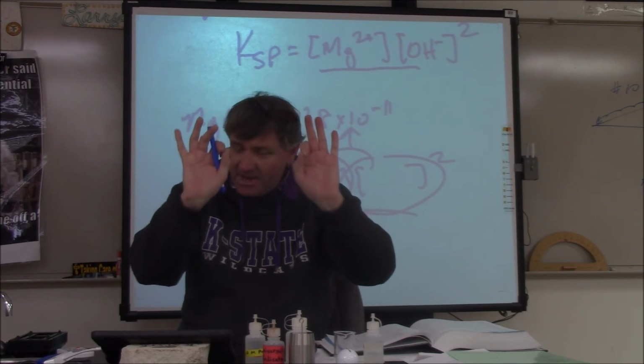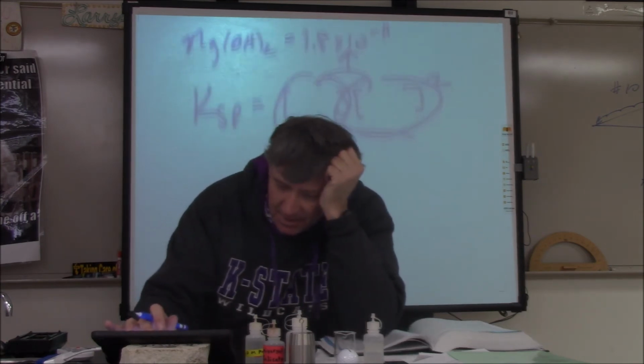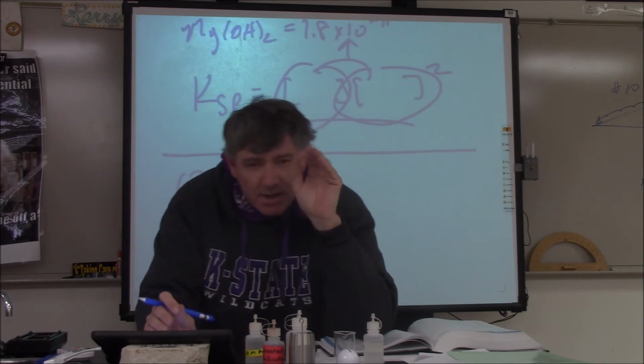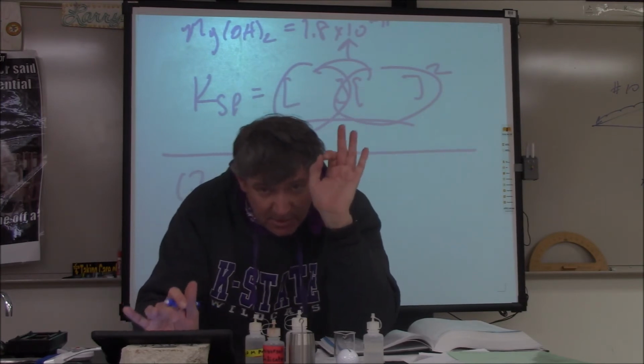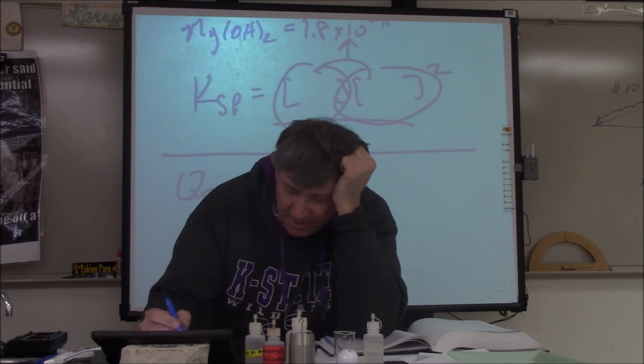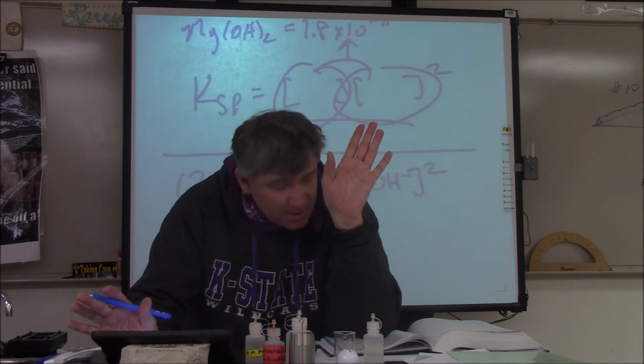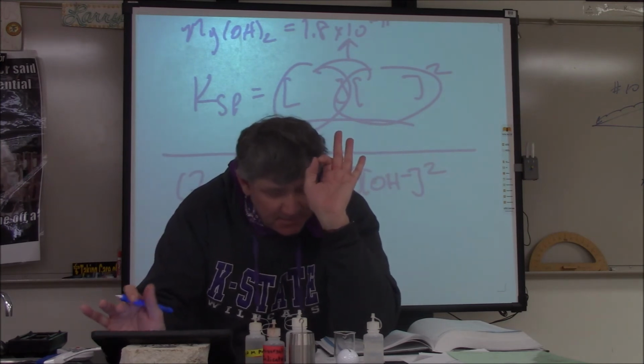K is only when it's at equilibrium. Now we're going to talk about Qsp. The Q stands for quotient, solubility product. Mathematically, it's the exact same thing. You cannot tell a difference in the equations.